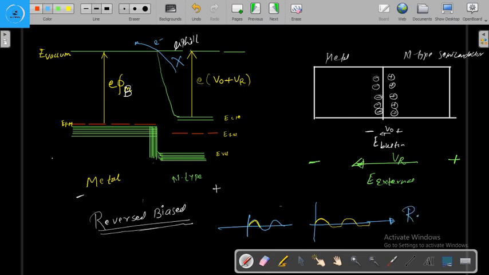So when the contact is between the metal and the n-type semiconductor, and phi m is greater than phi s, then a rectifying contact is formed between the metal and the n-type semiconductor.